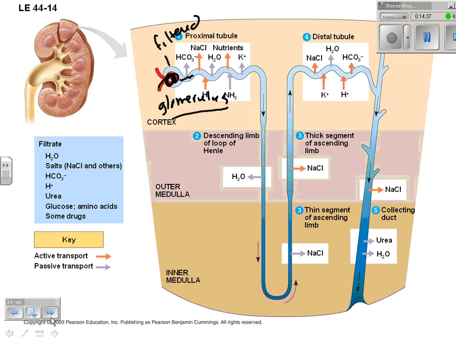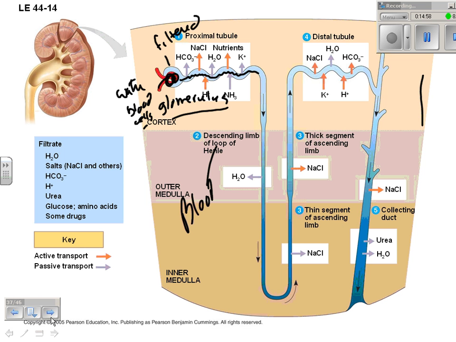This is the hall. So everything comes out of the blood except for a little bit of water and blood cells, some proteins and other things. This stuff out here on the outside represents the bloodstream.